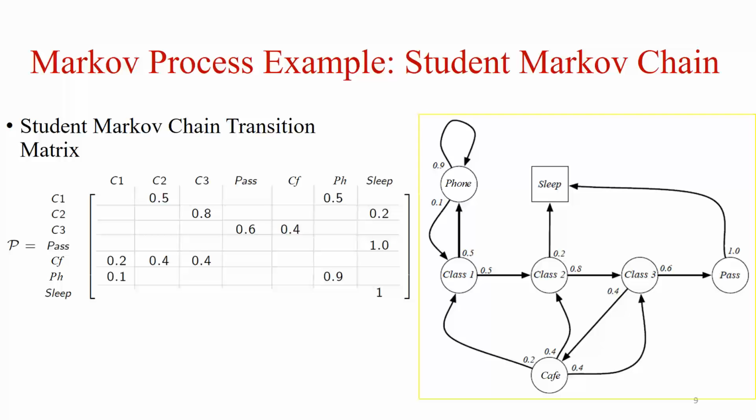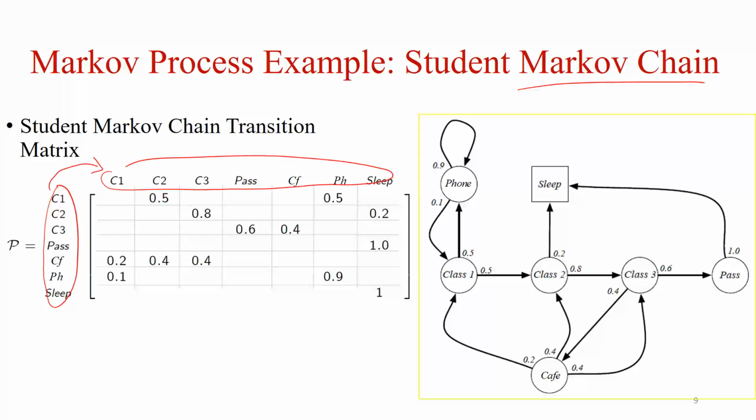If I take this Markov chain, or Markov process, and construct the transition matrix, this is my transition matrix, from to. You can see here from C1 to C2 is 0.5, from C1 to the phone is 0.5. Every row should add to 1.0. So this is the transition matrix.